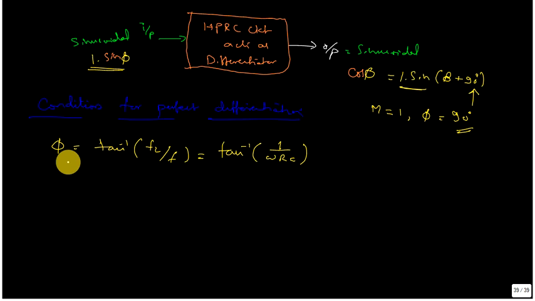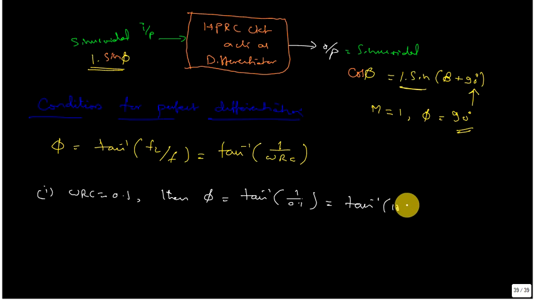For example, if omega RC is equal to 0.1, then theta is equal to tan inverse of 1 by 0.1, that means tan inverse of 10, which is equal to 83.7 degrees.